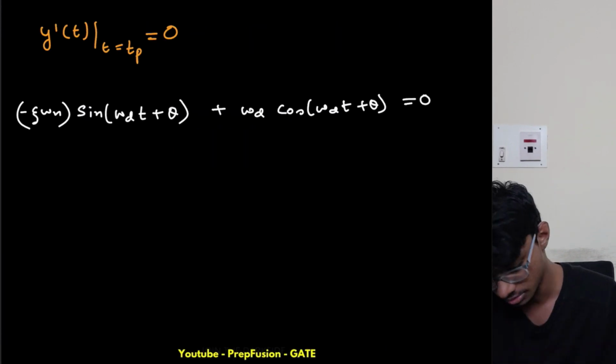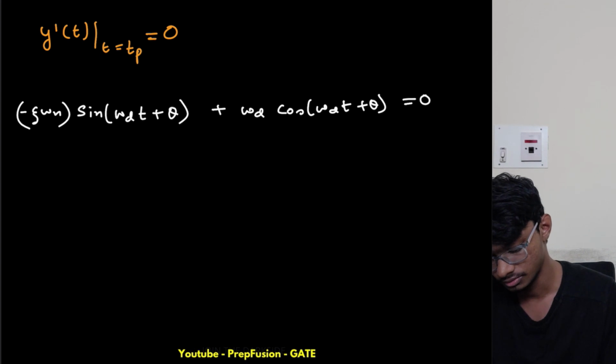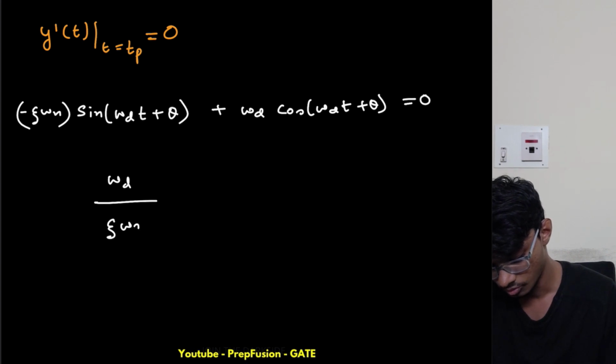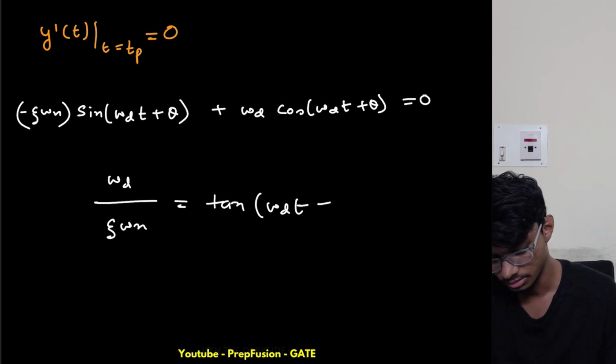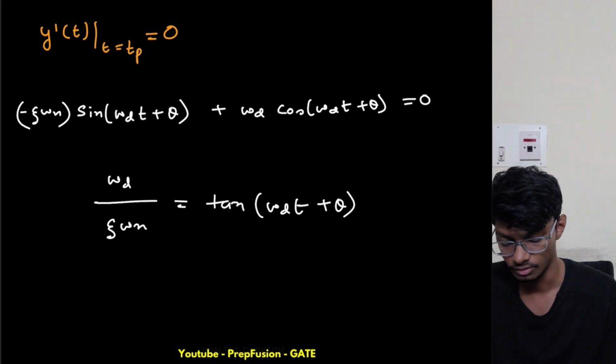So now my tan of omega d t plus theta equals omega d by zeta omega n, taking sin theta over there.